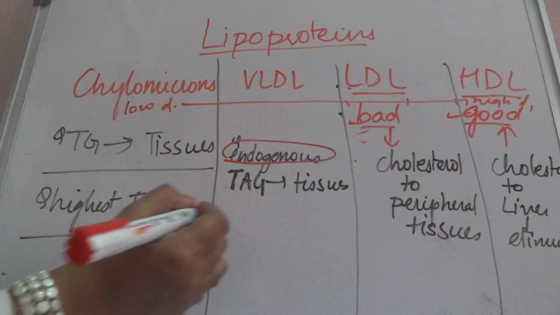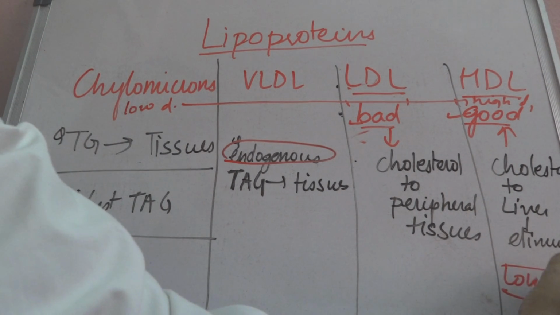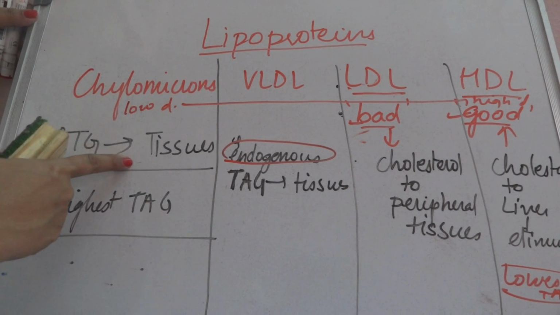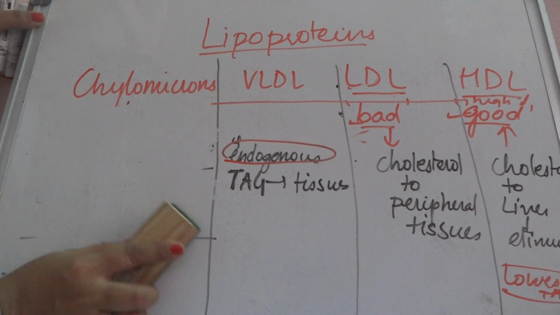So this is highest triacylglycerol, this is lowest triacylglycerol. Okay, so this is lowest triacylglycerol. So the function is clear: triacylglycerol to the tissues, and it has the highest triacylglycerol, lowest density.